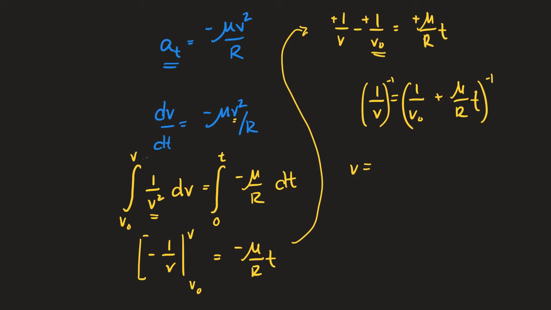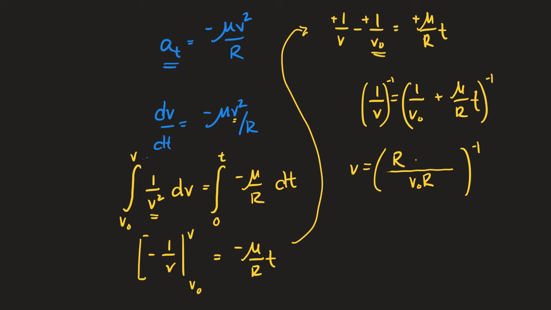So one of the things we can do is get common denominators here and then do the inversion. That will make it a little bit nicer. So I'm going to have a common denominator of v naught times r. And on the left side, I'm going to get mu t. And on the right side, what am I doing, mu t? What am I thinking? That's not right. On the left side, I'm going to have r.